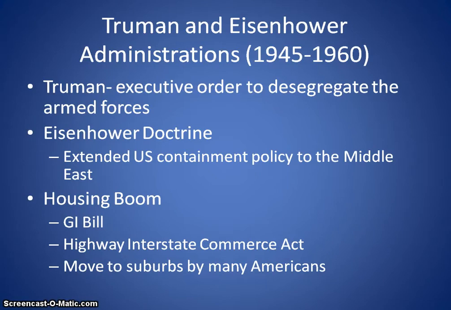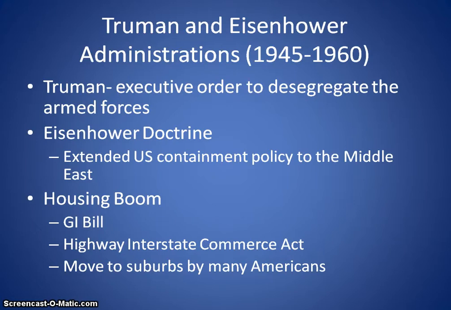The housing boom under Eisenhower: you have the GI Bill, which gives veterans loans for houses and actually helps them with their education. You also have the Highway Interstate Act. What it does is provide roads and highways to connect states together, and you're able to travel faster.